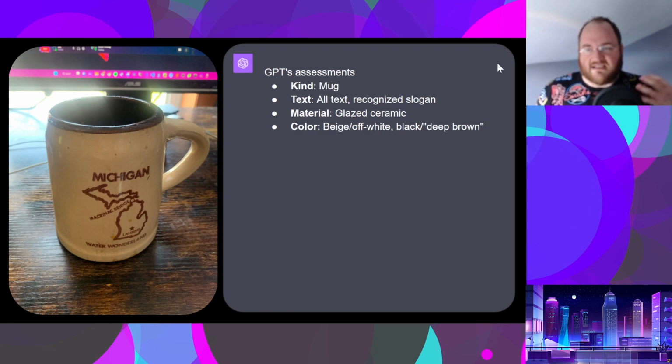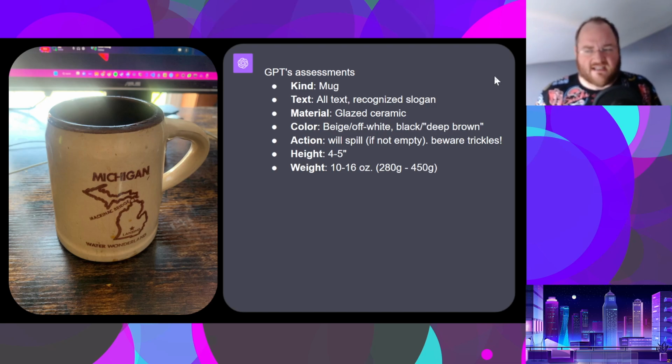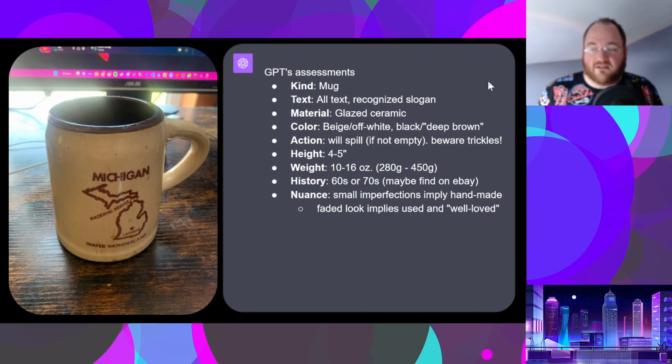The color, it says, is beige or off-white, maybe black or deep brown on the inside. Action: it will spill if it's not empty. Beware trickles. Height is 4 to 5 inches. Weight is 10 to 16 ounces. History is probably 60s or 70s. You might find it on eBay. Nuances: small imperfections imply it's handmade, and the faded look implies it's used and well-loved.